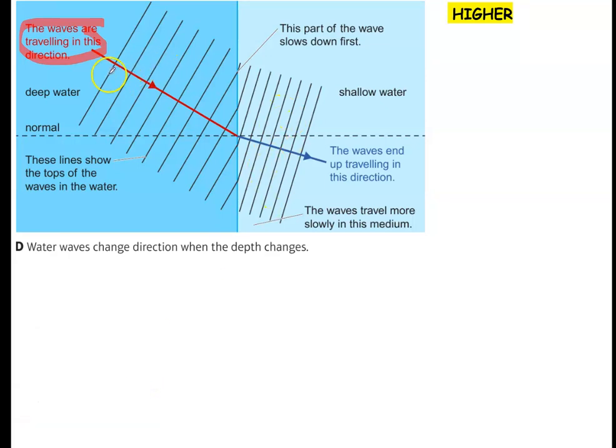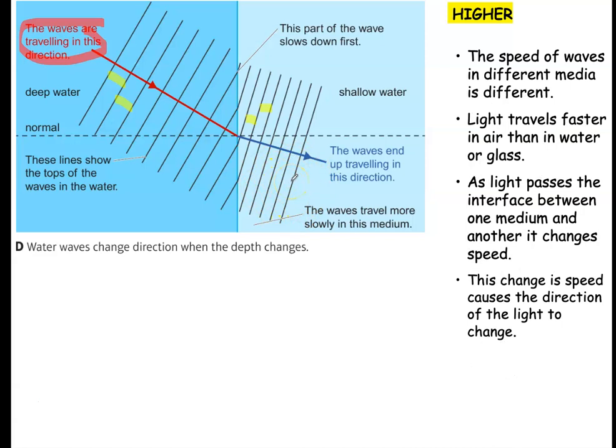Look at the difference between these lines, and when they hit the boundary, what do you notice? The red line shows the direction in which the wave is traveling. You can see these lines are getting closer together, and this means that the waves are slowing down, or the part of the wave slows down.